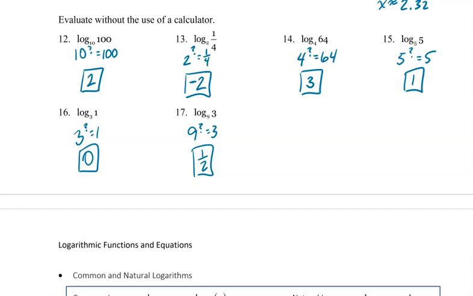And a log itself is just an exponent. It's the answer to the base to what power equals what's inside. All right? It's just an introduction. We're going to do some more with it in the next couple of videos, but that is a good place to stop for this one.